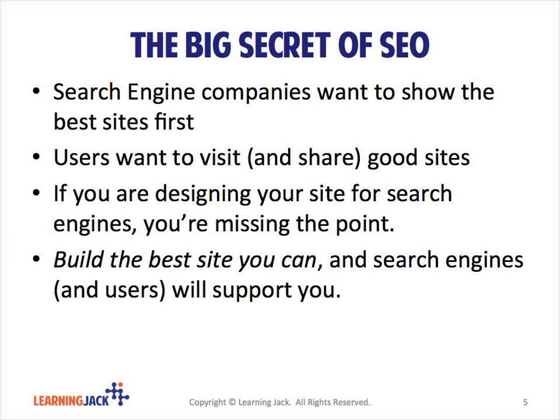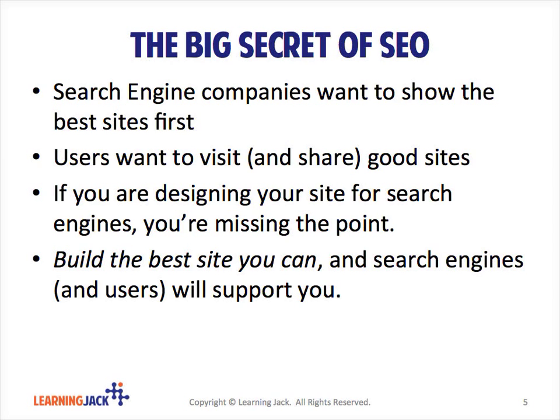So if you are designing your website for search engines, you're missing the point. If you build the best site you can, then the search engines want to show your site in search results, and users want to see your site and want to share it with their friends. So we're going to learn how to build the best websites for users and consequently get SEO benefits.